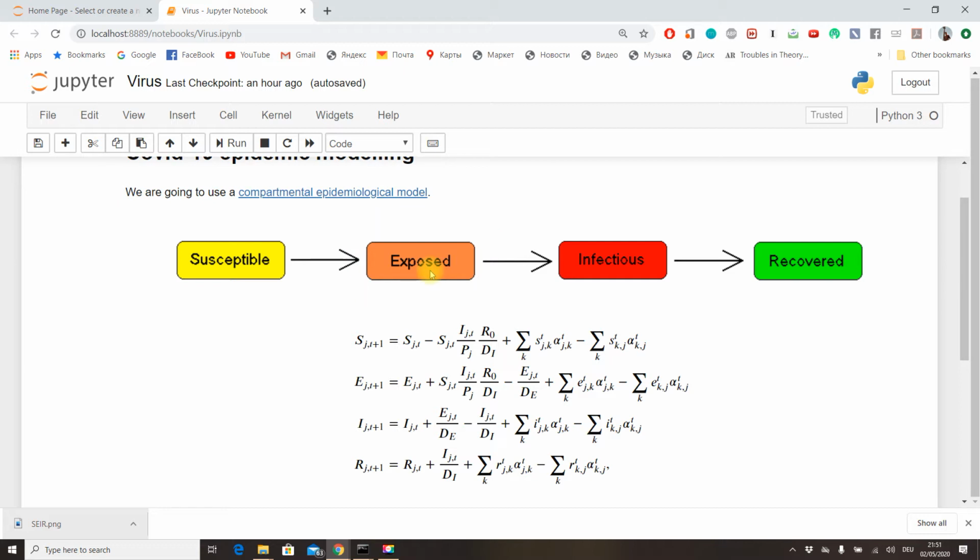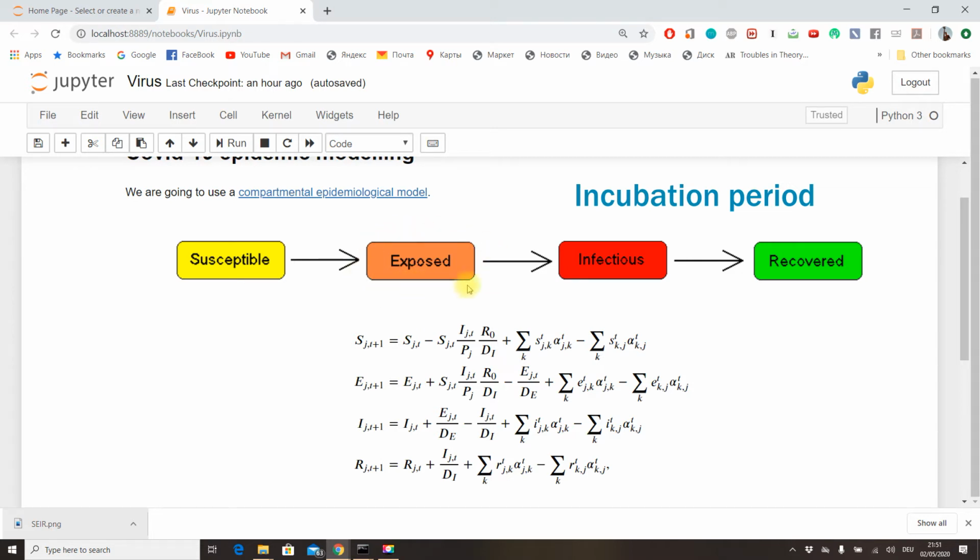Okay, and those people in this group have already contracted the virus, but they're not infectious yet. It's called an incubation period during which they have contracted the virus but are not infecting others.